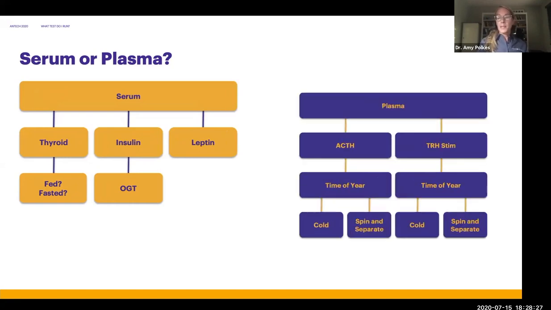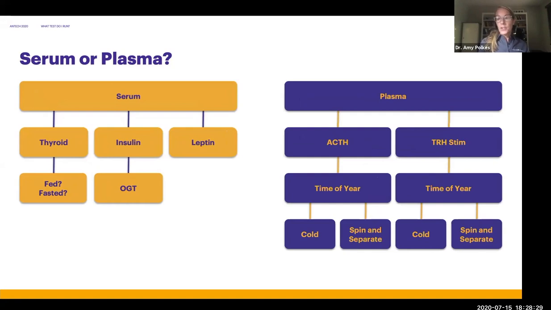And then plasma is ACTH, or the TRH stim, and that of course depends on the time of year, and the plasma needs to be cold, and you're going to spin or separate, etc. So really the only thing that we need plasma for is ACTH, but for serum we need insulin, leptin, and thyroid.